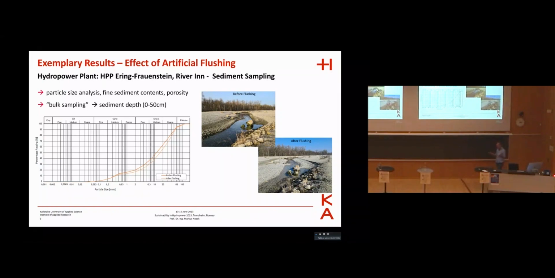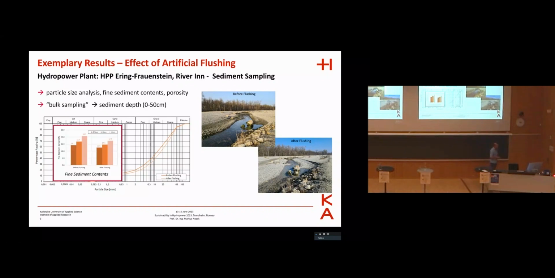And if you look now at the first results from the particle size analysis, this is more or less a bulk sampling over a sediment depth of 50 centimeters. We have in the light color the situation after flushing. The darker color is before flushing. And the sieve curves here already show that we have a coarsening of the riverbed.